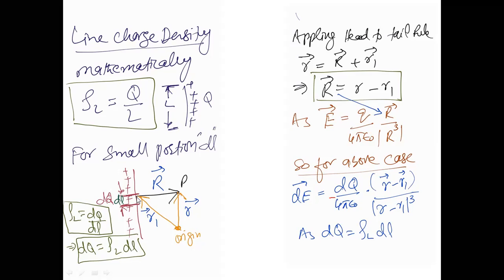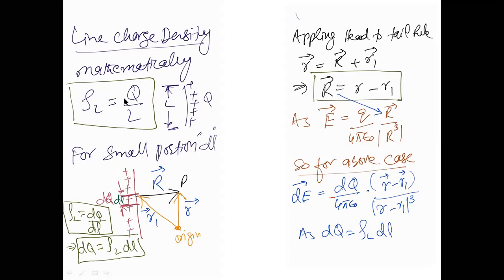The direction of R is always from the source charge to the test charge, because it will push the test charge. Consider this small length dl, and in this small length we will have small charge dq. According to this formula, rho l is equal to q over dl.